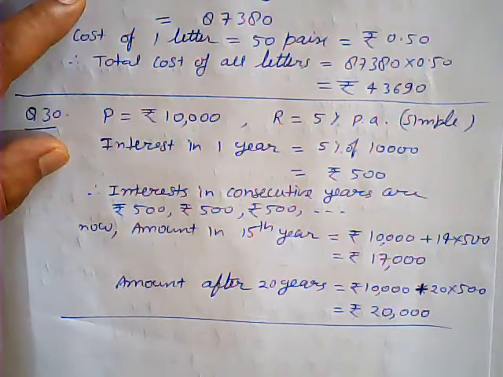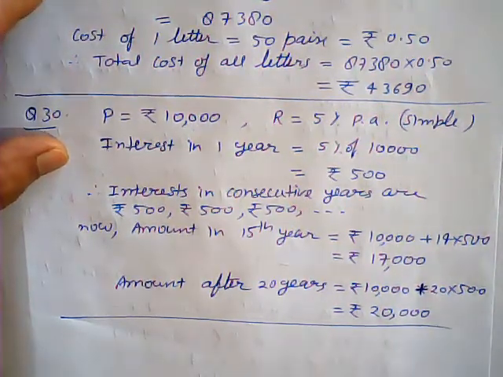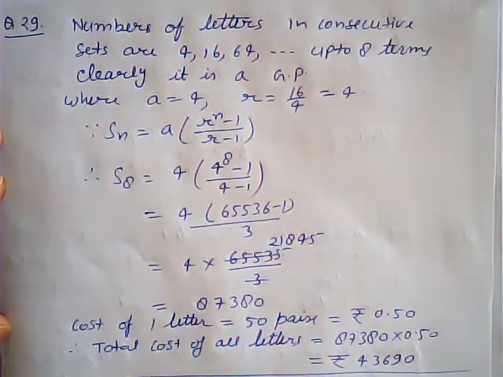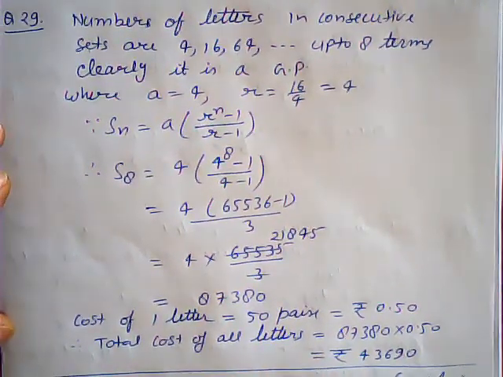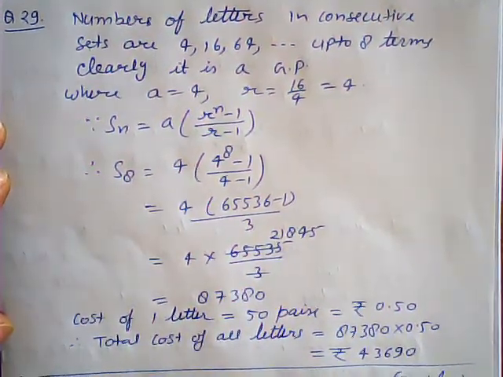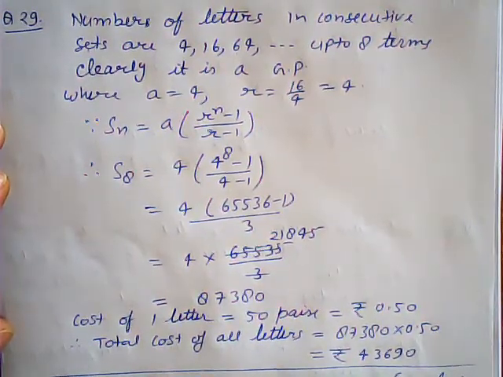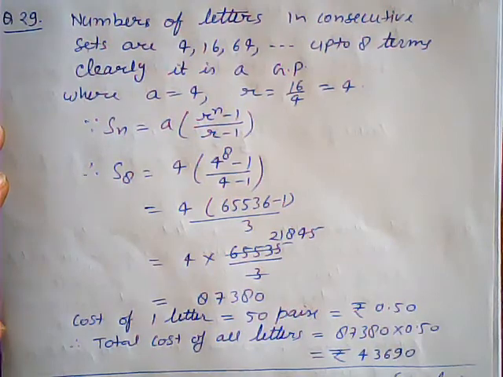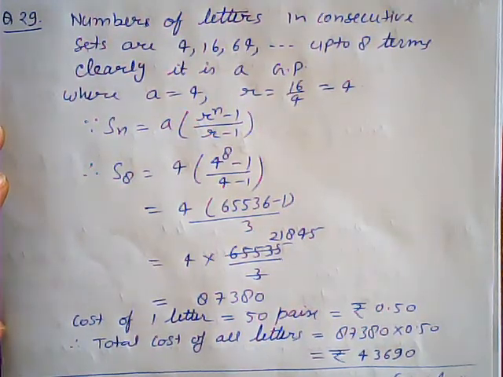Question 28 is a similar one. You can solve it yourself. Question number 29. A person writes a letter to 4 of his friends. He asks each one of them to copy the letter and mail to 4 different persons with instruction that they move the chain similarly.